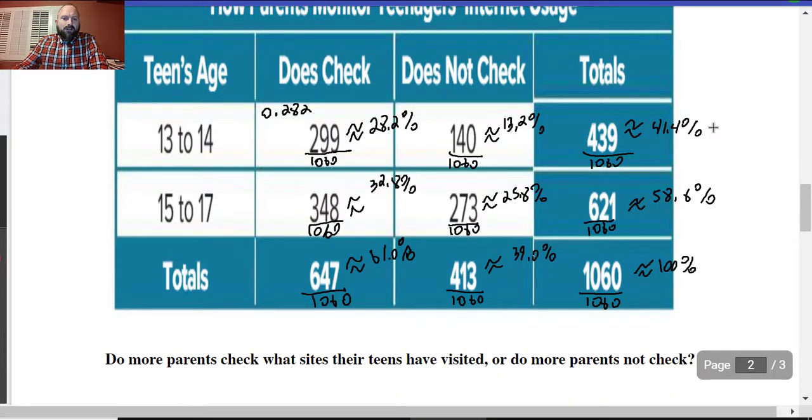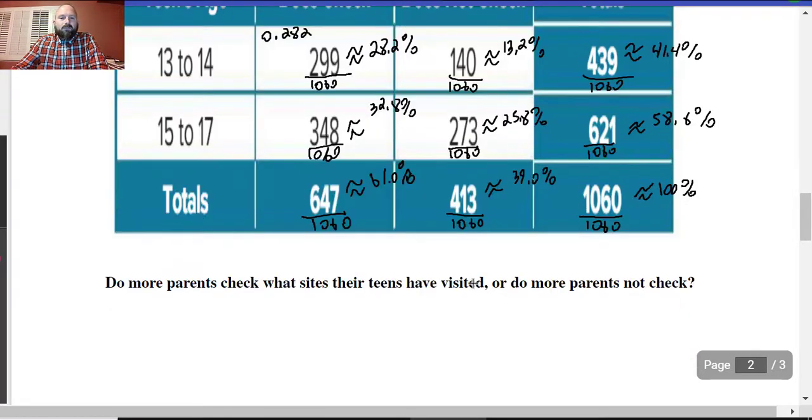Do more parents check what sites their teens have visited, or do more parents not check? Well, you could literally just look at it, and the numbers will tell you. But then we could describe it, hey, look, it's this percent compared to this percent.